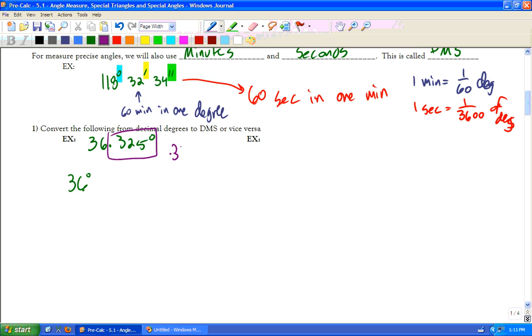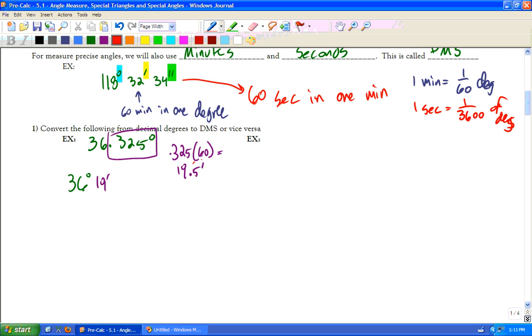Just like if you would ask how many minutes are in 0.325 hours, if you want to figure out how many minutes are in 0.325 degrees, we're going to multiply this by 60. When you multiply it by 60, you get 19.5 minutes, which means we can add 19 minutes to our DMS representation of this angle.